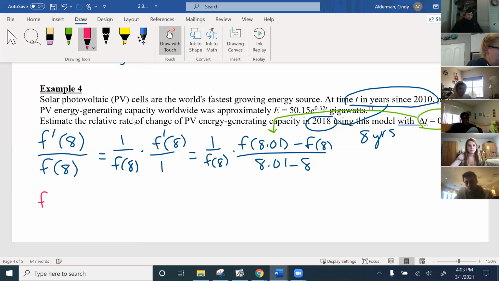So F of 8 is equal to 50.15 E to the 0.32 times 8. And if you put that in your calculator, you would get 648.73.